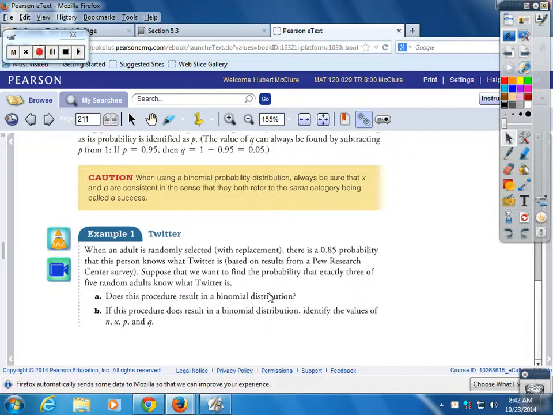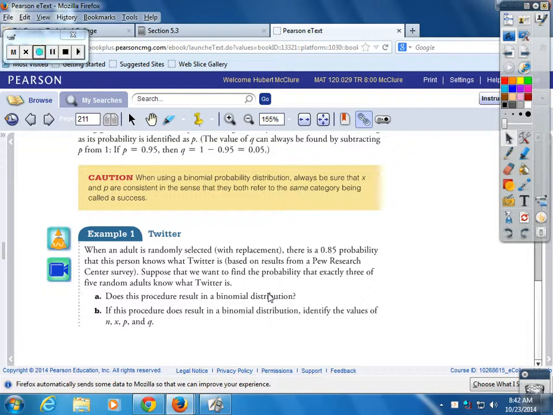Does this procedure result in a binomial distribution? Yes. Either they know what Twitter is, or they don't. It's like being half pregnant. You can't be half pregnant. You're either pregnant or you're not pregnant. You're either a male or a female.